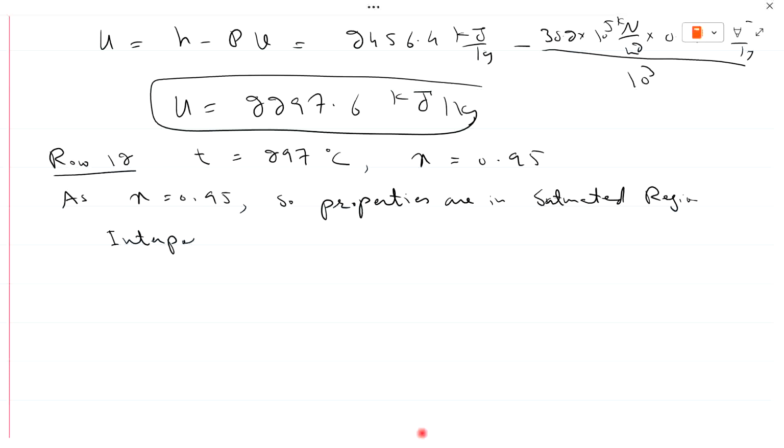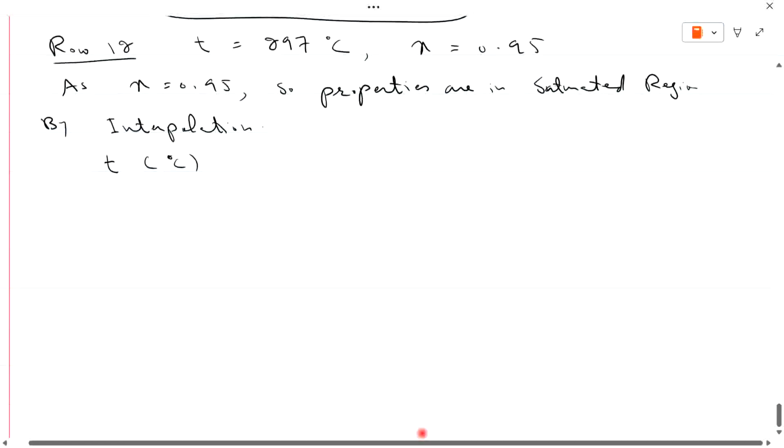295 degrees centigrade and 299.2 degrees centigrade are available. Temperature in degree centigrade and pressure in bar.